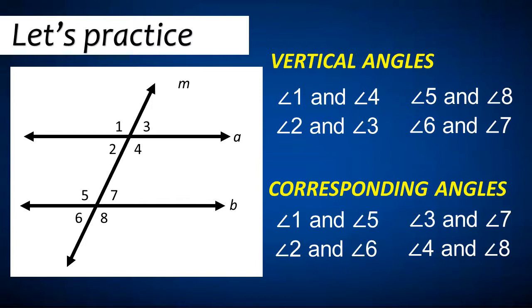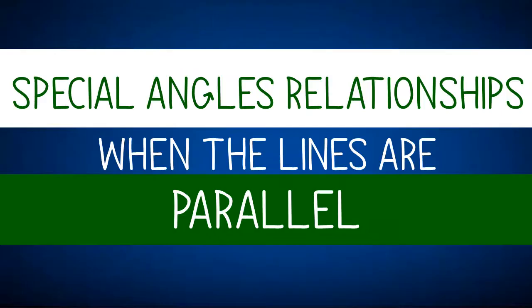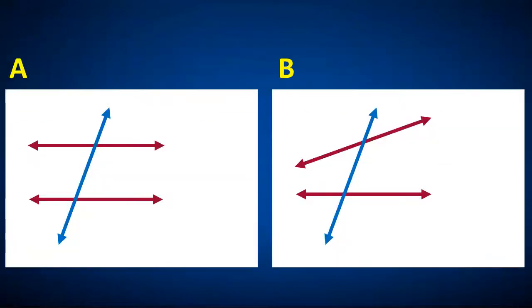So, now that the relationships of angles formed by parallel lines cut by a transversal are clear to us, let's proceed with special angle relationships when the lines are parallel. So, what are we going to discuss here? Let's have this first.